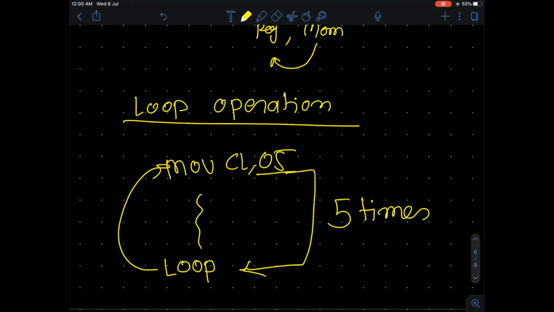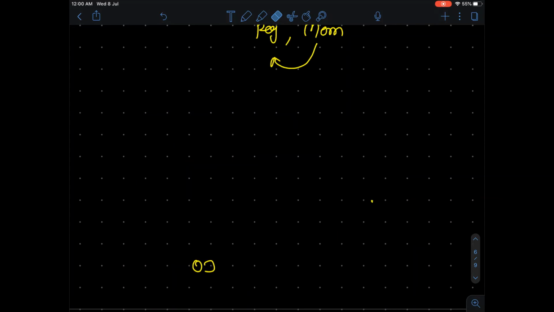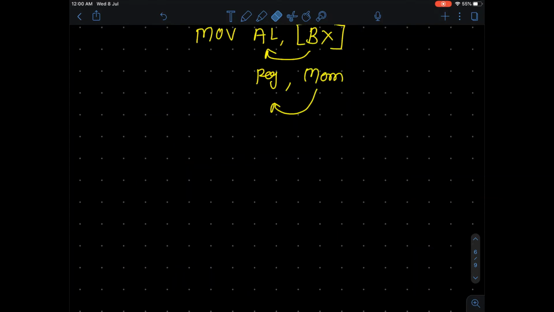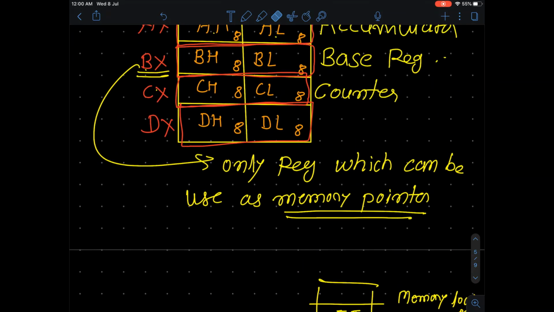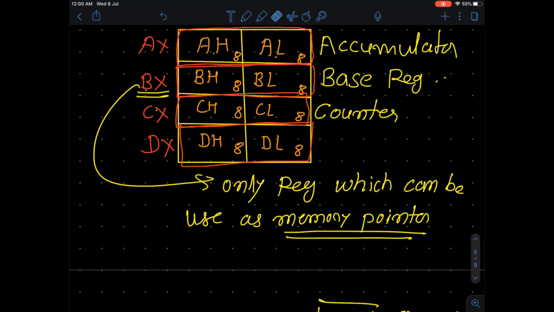That's why this is called the counter register. So here, the AX register is the accumulator, the BX register is the base register which holds the address of memory, and the CX register is used as a counter.